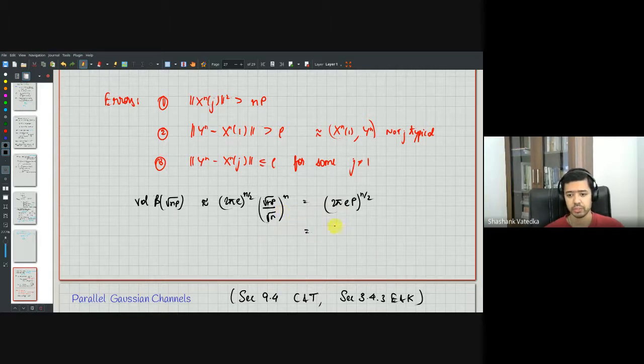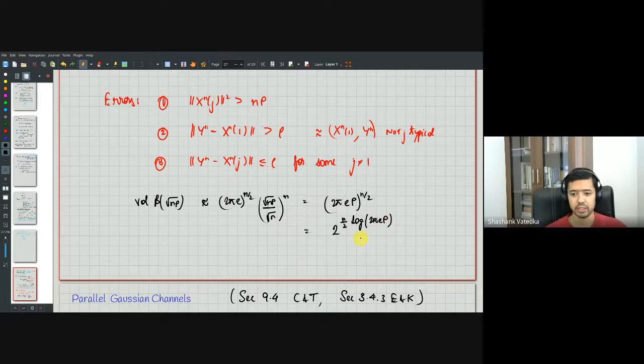So this is roughly the volume of a ball of radius square root np. But what is this equal to? Let me write it in a slightly different way, as 2 raised to something. I write it as 2 raised to n by 2 times log of 2 pi e p.